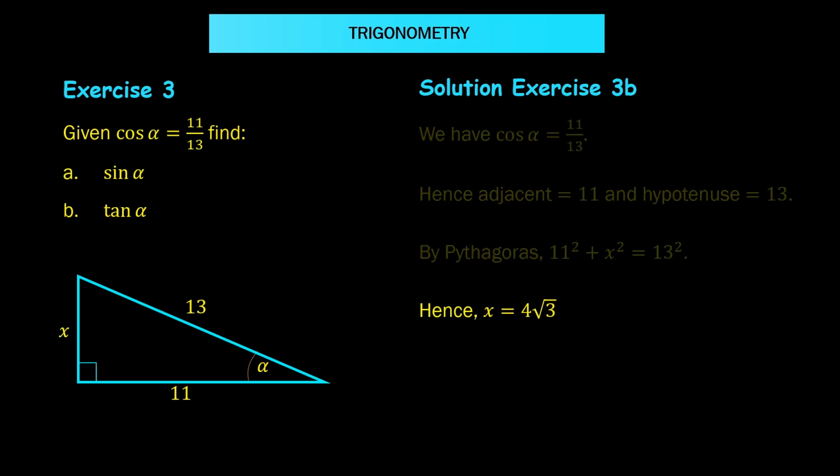And now for part B. We know that tan alpha equals opposite over adjacent. Therefore, we have that tan alpha equals x over 11, which equals 4 root 3 divided by 11.